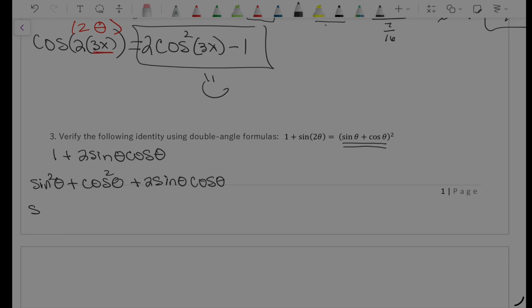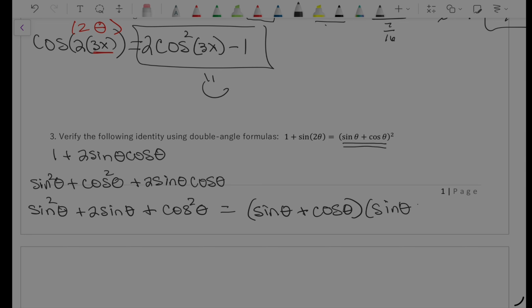So here's what I mean by that. This is factorable. Sine theta plus cosine theta. Another sine theta plus cosine theta. Why? Because sine squared plus one sine cosine plus another sine cosine.